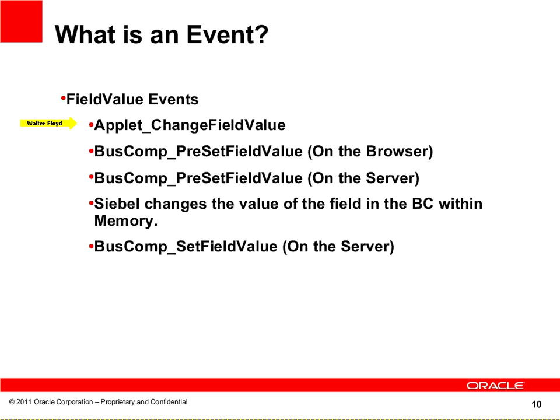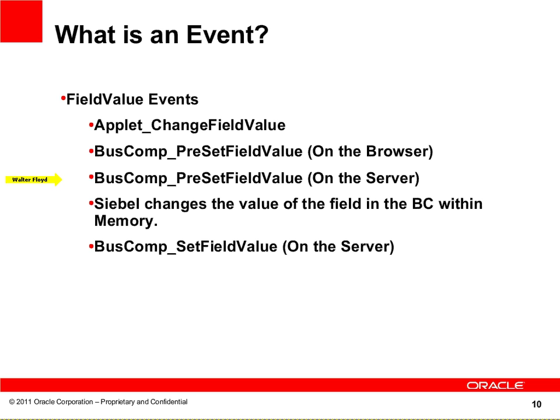So the second, after the field value changes on the browser, preset field value executes. Now again, that executes upon stepping out of the field. On the server side, there is also a BizComp preset field value. That event fires after the field is being updated, but the way Siebel is set up, there's not a trip when you are changing things on the UI.